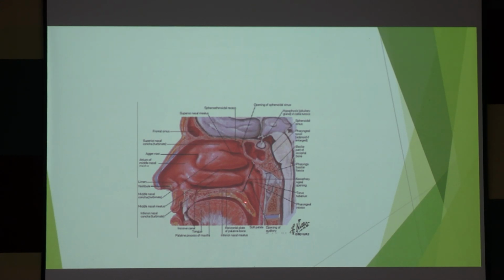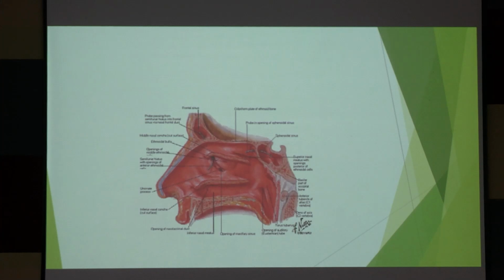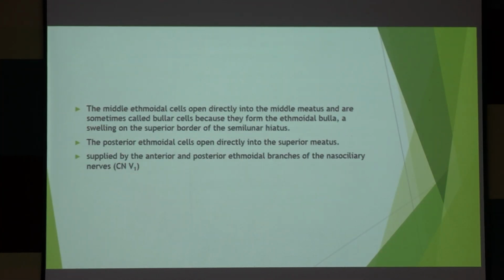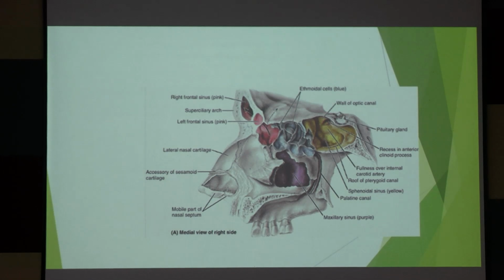So we now go into the, this is a better picture. So what is this structure? This one, nasal bone. This is the frontal sinus.